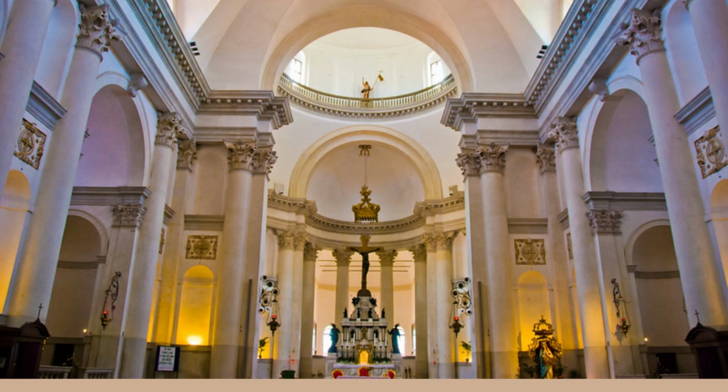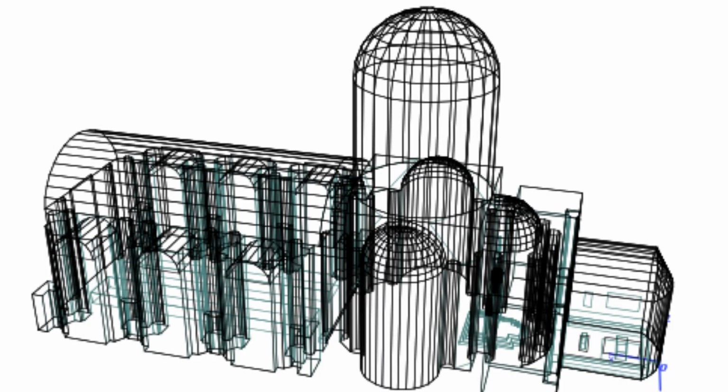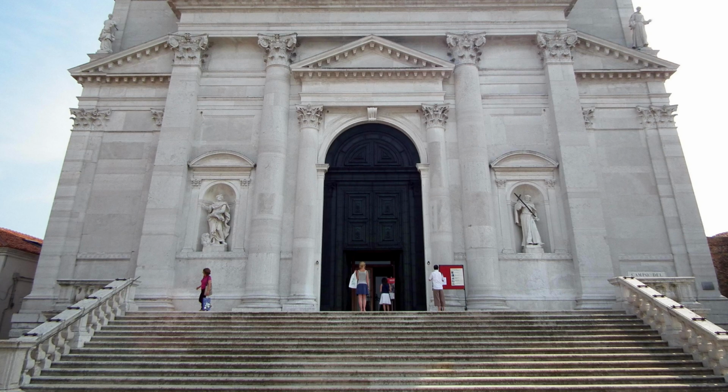The apse is lit from the dome above and from the choir, which stands behind the semicircular screen of columns. Leading to the massive entrance of the church are wide steps, 15 in height.